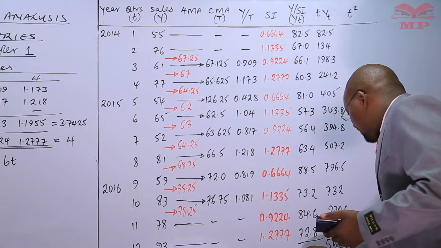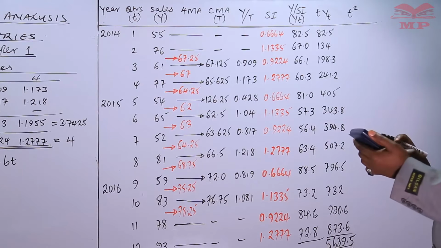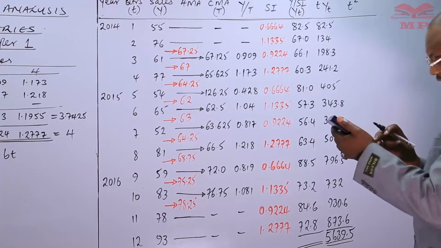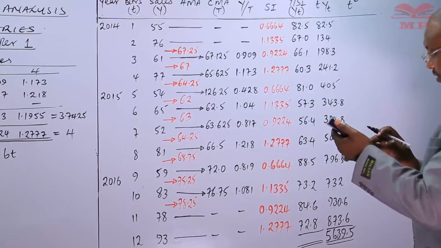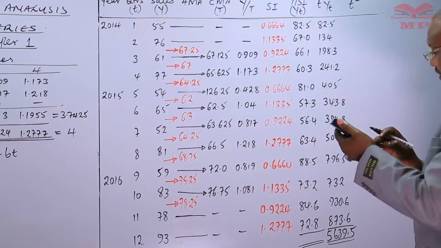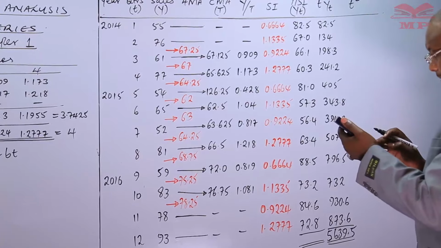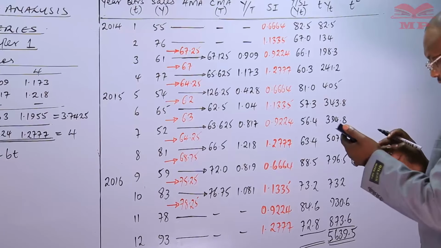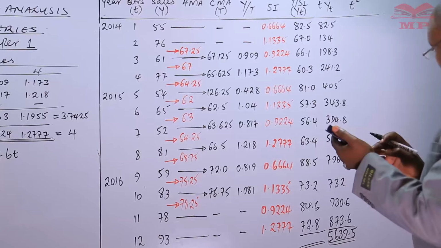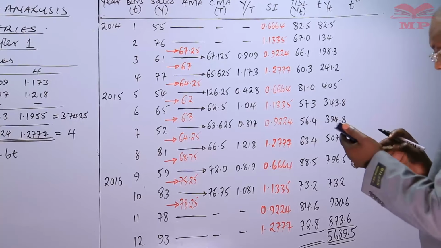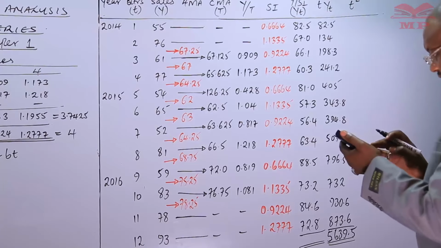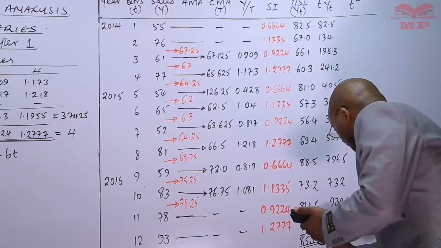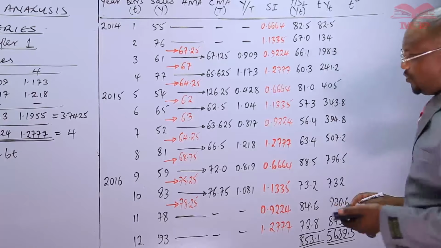You also want to add the y: 82.5 plus 67 plus 66.1 plus 60.3 plus 81 plus 57.3 plus 56.4 plus 63.4 plus 88.5 plus 73.2 plus 84.6 plus 72.8. This is giving us 853.1.